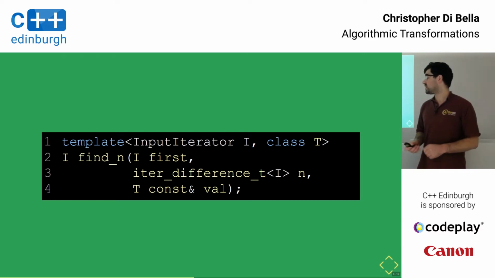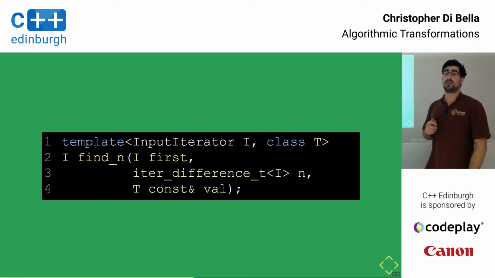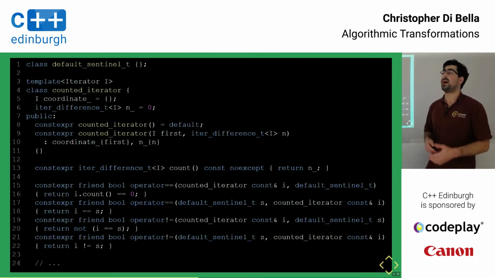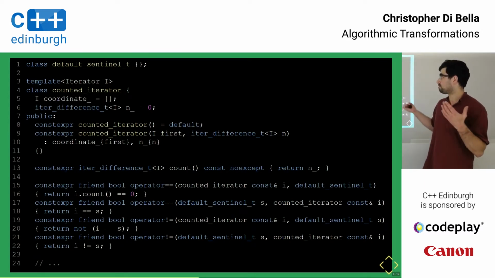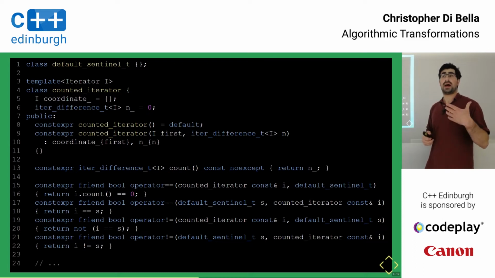So a nicer way of doing this is to provide a counted iterator, which lets us say that we are going through a certain number of elements, and we provide a type called a default sentinel, and this is a way of indicating that we have reached the end of a sequence and that there are no more elements.